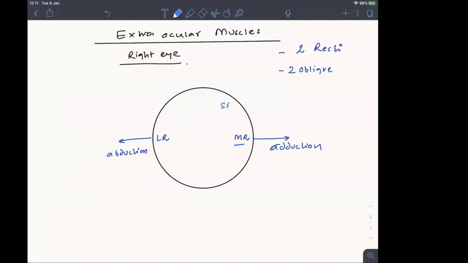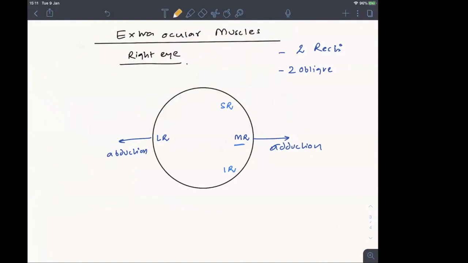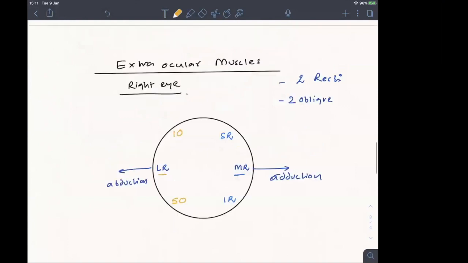So you have the superior rectus here and the inferior rectus here, and the 2 oblique muscles are above and below the lateral rectus, except that here the superior oblique is below and the inferior oblique is above. Okay.